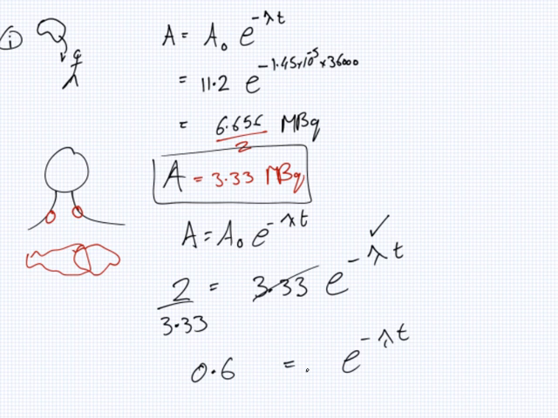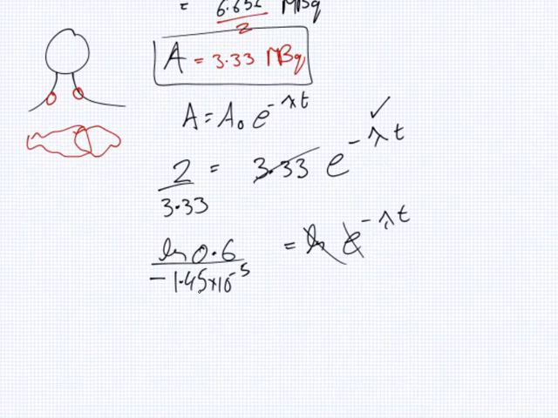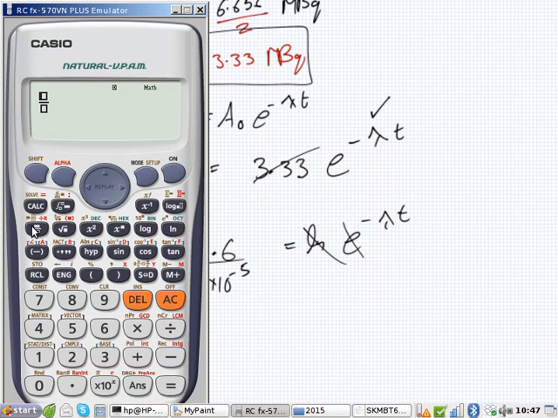So if we log both sides and then divide by minus lambda, this would be log 6 over 10, which is log 3 over 5, so it doesn't simplify nicely here. Minus log 0.6.